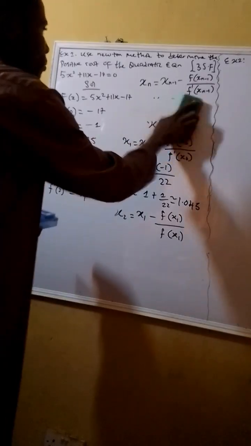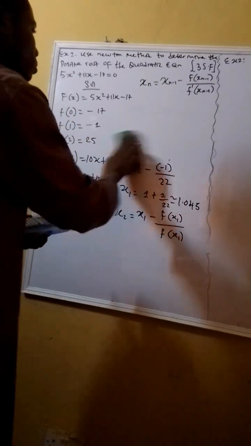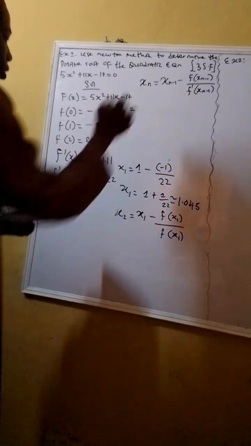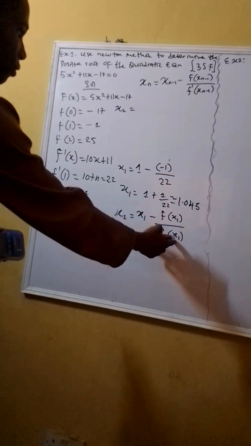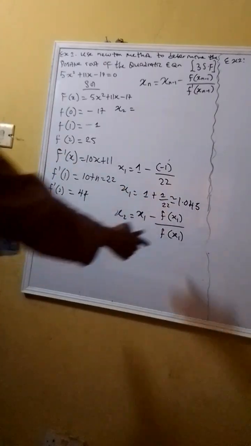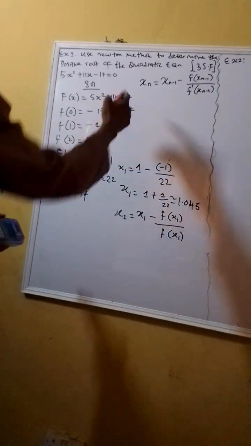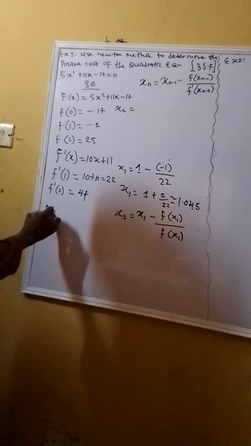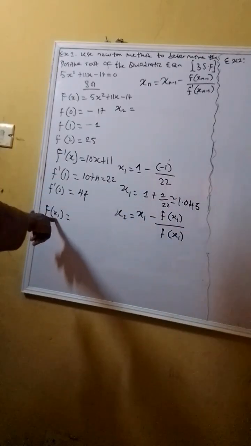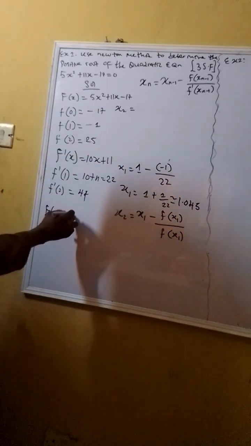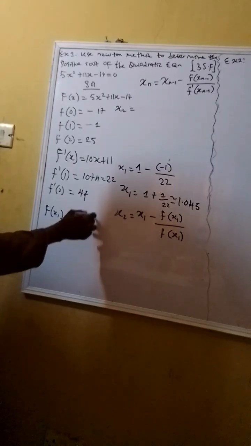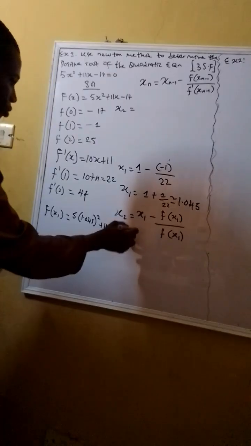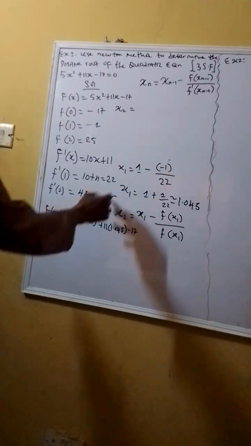So from this point of view, when we need to find the function of x1, what is x1? 1.045. Anywhere you see x1, you insert 1.045, and that would be 5 into brackets 1.045 squared plus 11 into bracket 1.045 minus 17. Do you get what I'm saying?